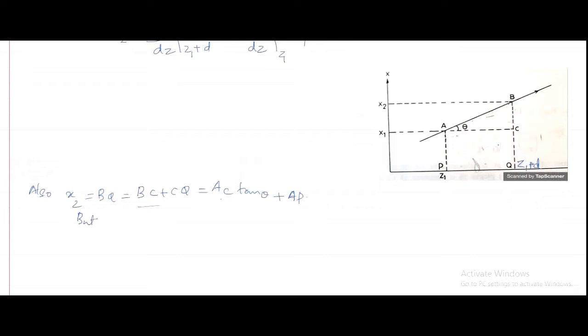But from the figure, AP equals x1 and AC equals d. Therefore, tan theta equals the slope, which is equal to x1 dash. So x2 equals AC tan theta plus AP.